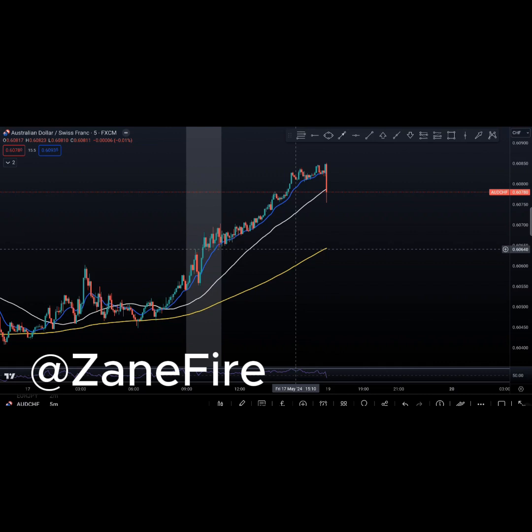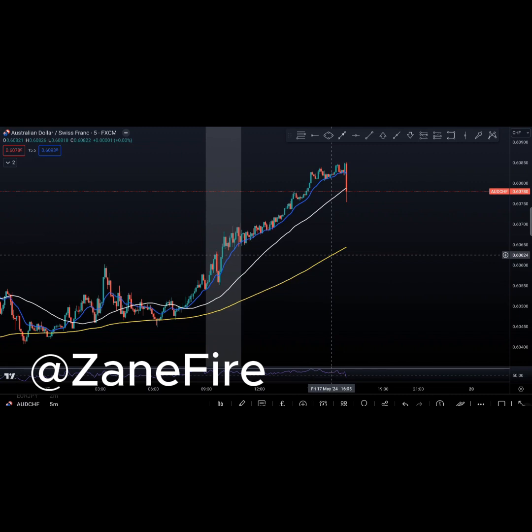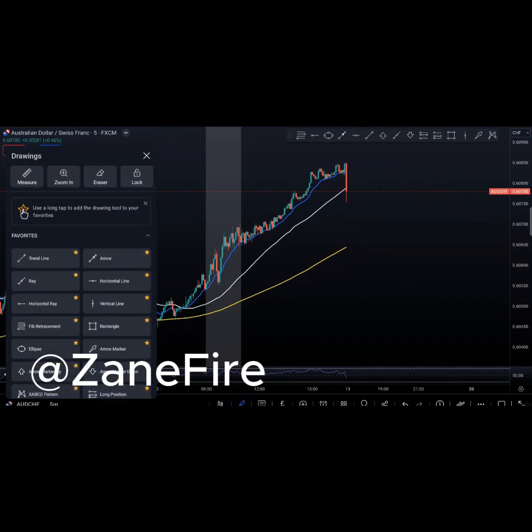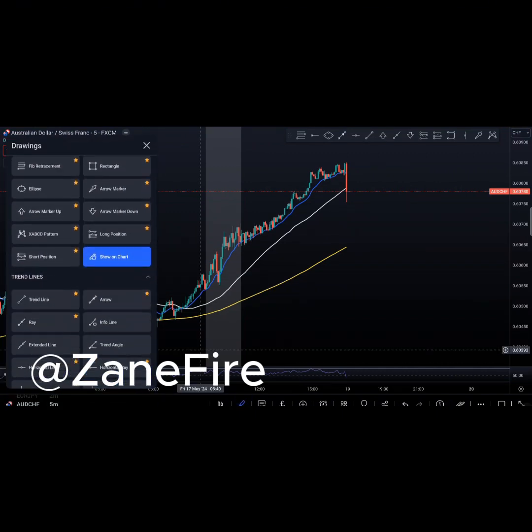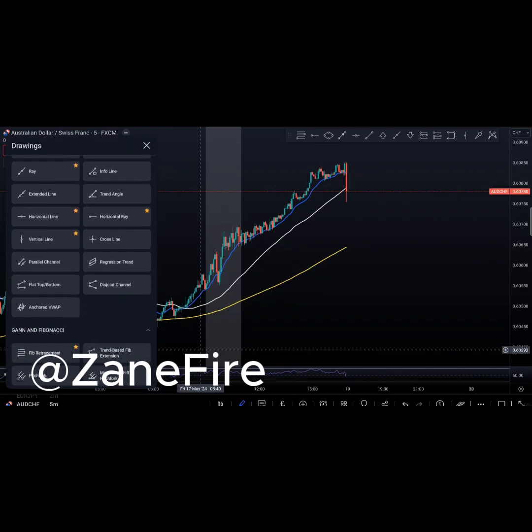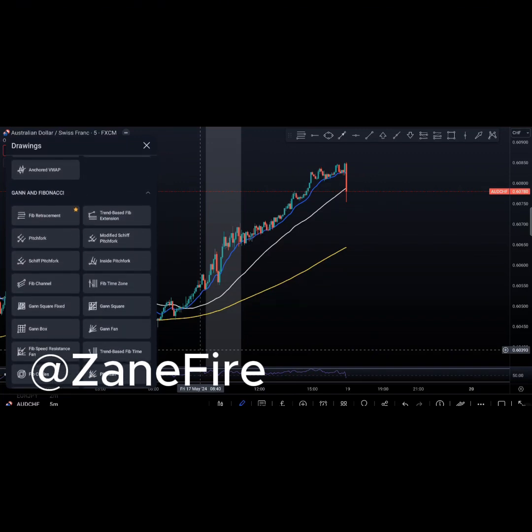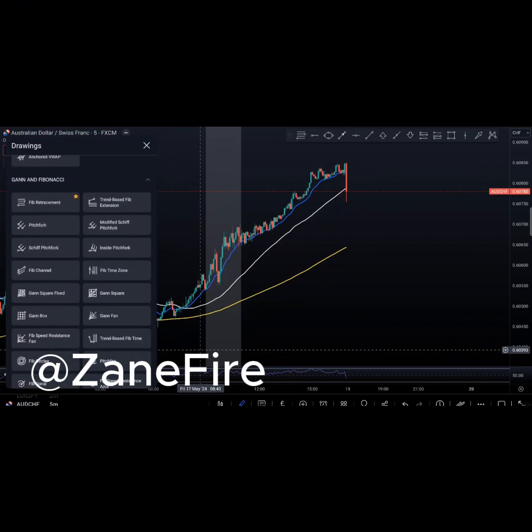So, like I told you all, my strategy consists of the Fibonacci retracement tool, which I'm on the app right now, but if you go to your drawing tools down here, I have it starred, but if you scroll, it's under Gann and Fibonacci.